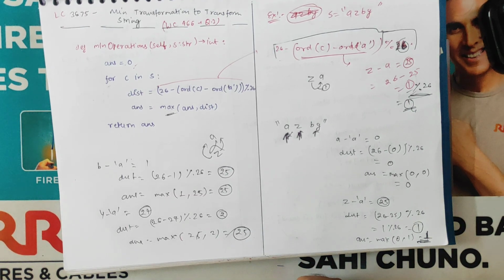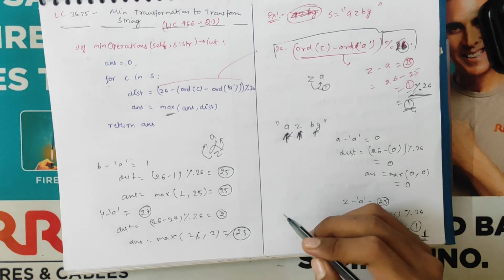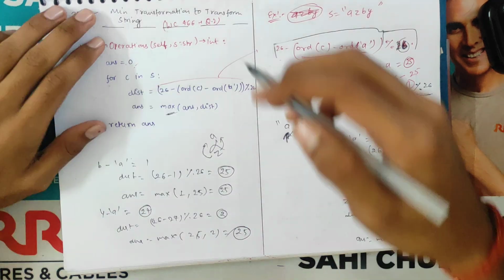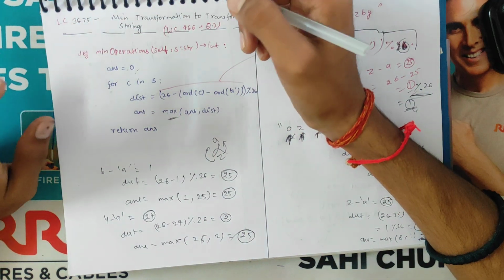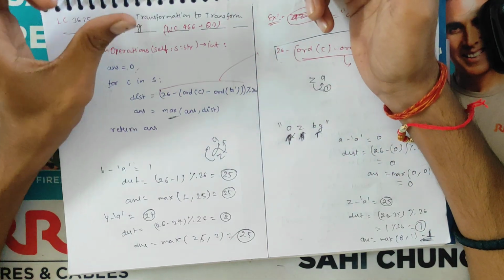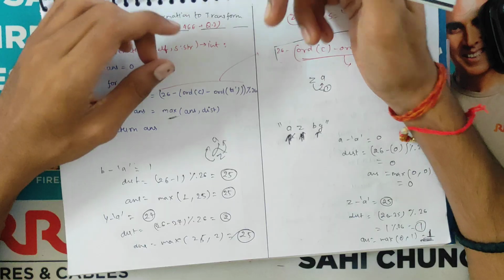In this problem we have to return the minimum transformations that are required to convert any single character to a.